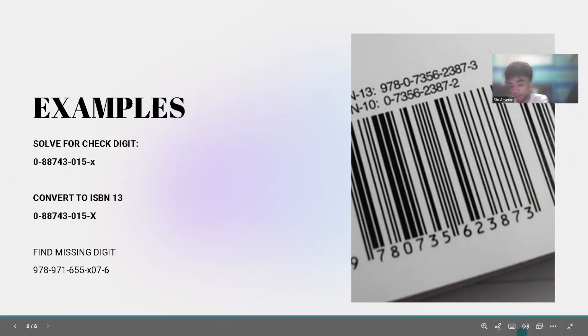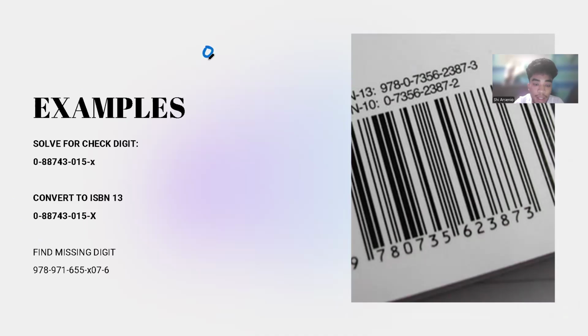So for example, our first example is to solve for the check digit of 088743015. At first glance, this is an ISBN 10.